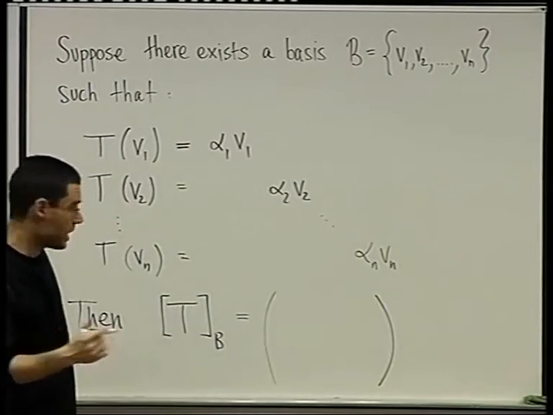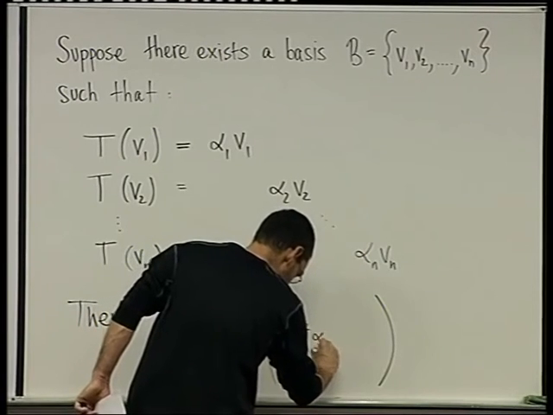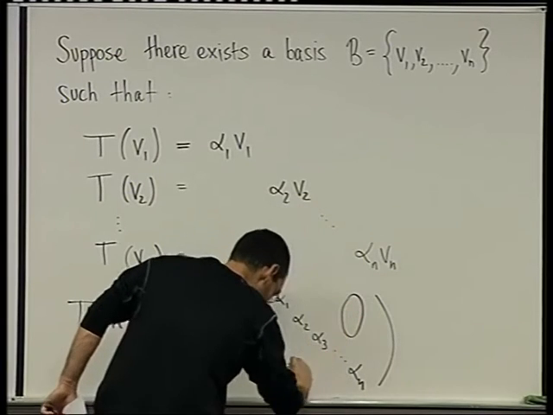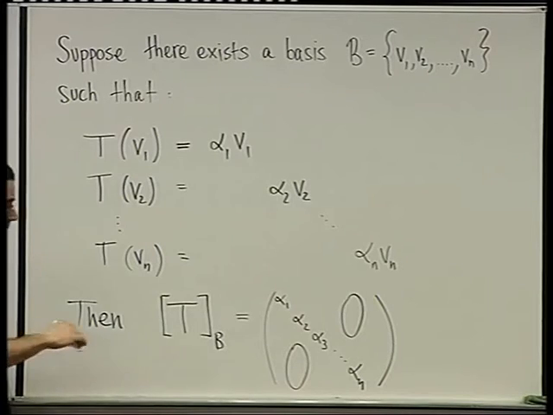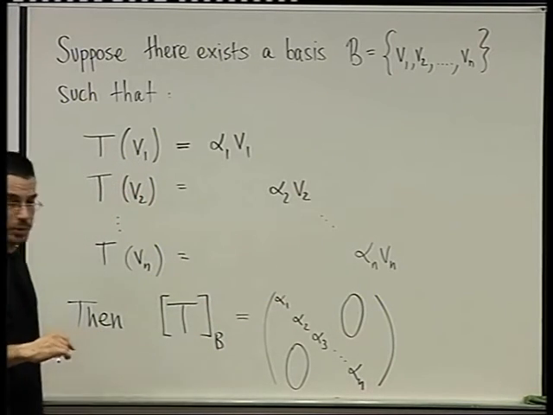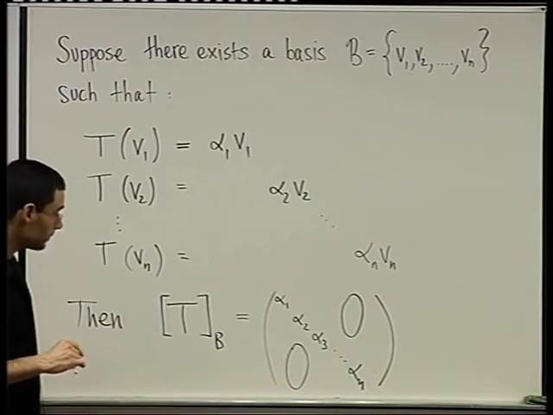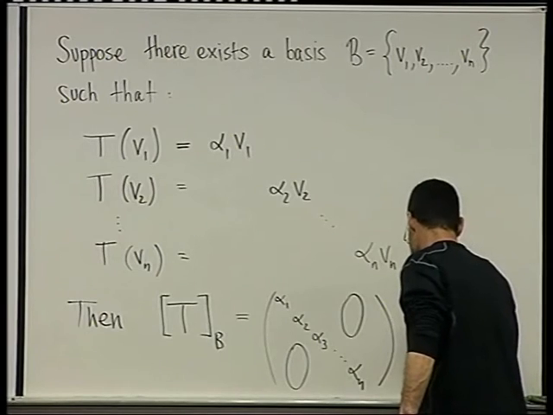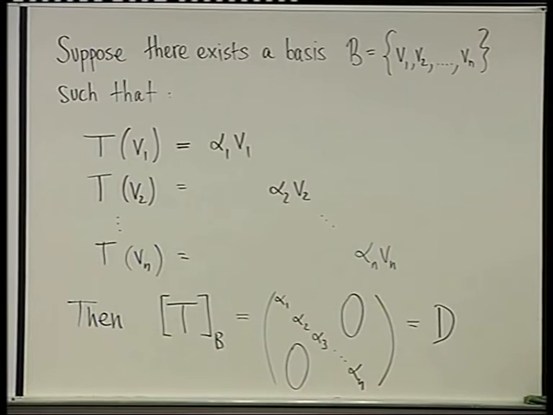Transpose doesn't do anything, so it's the matrix alpha 1, alpha 2, alpha 3, ..., alpha n, and all the rest are zeros. Is it clear what I mean by these giant zeros above and below the main diagonal? Okay? Okay, so we're going to call this matrix D for diagonal. It's a diagonal matrix. Good?